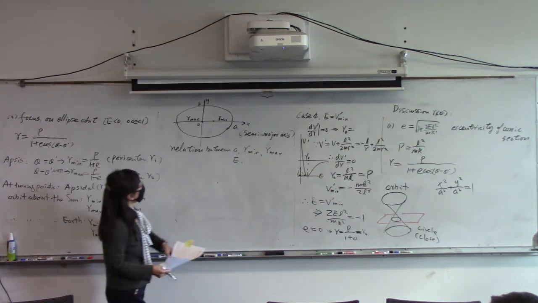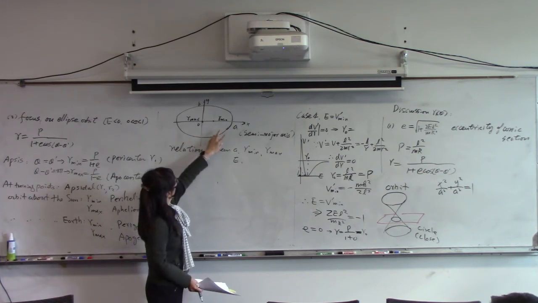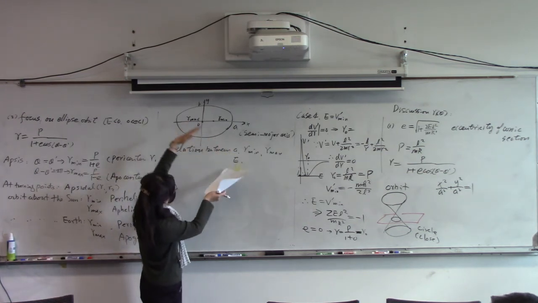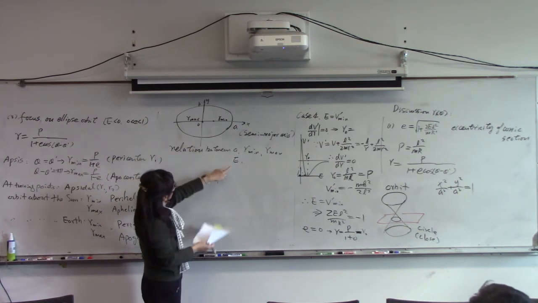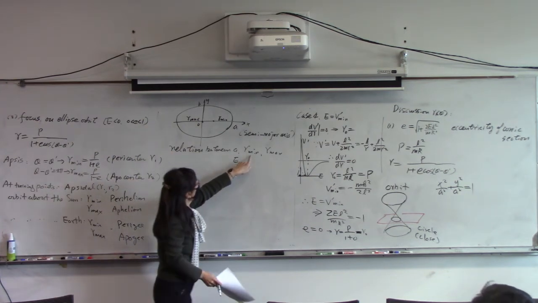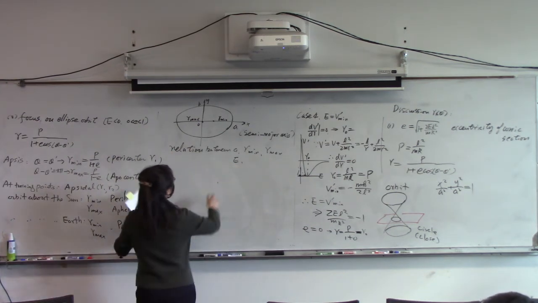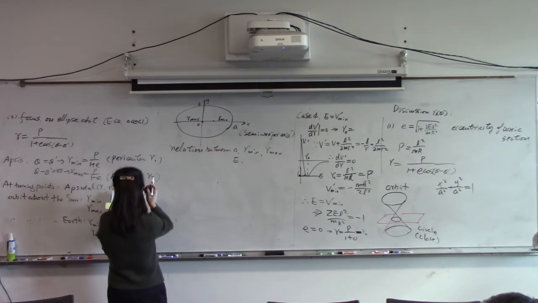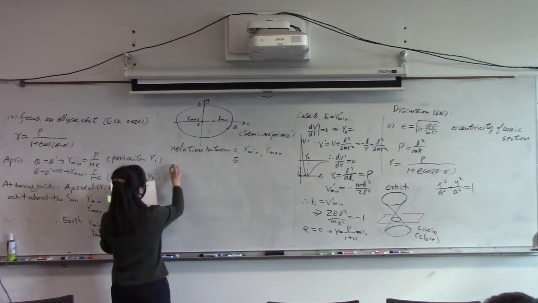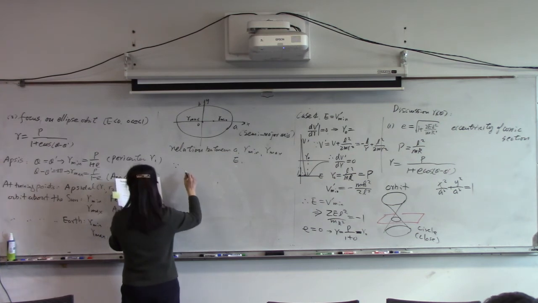You will see here that whether the orbit shape has a longer or shorter A depends on the energy, and also on R minimum and R maximum, right? So now we are going to find the relation.